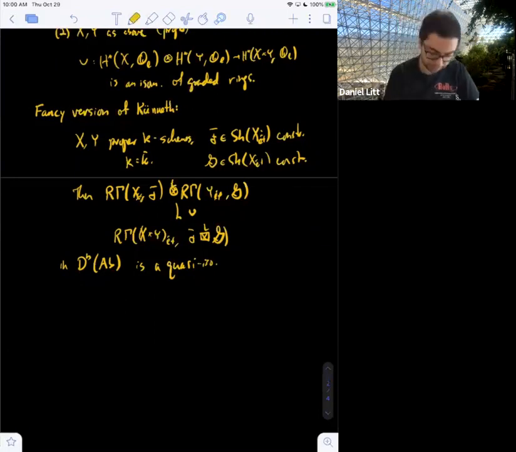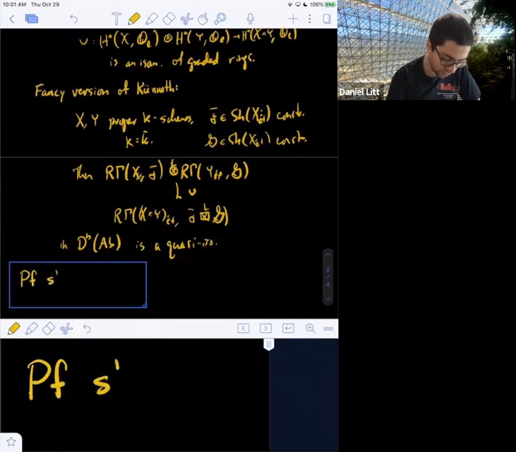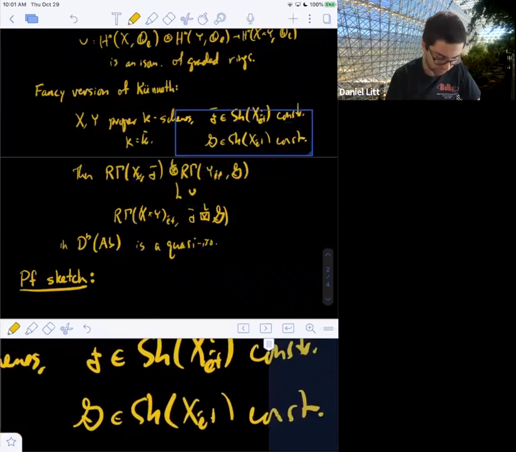Okay, so I'm just going to sketch the proof because it's a little involved. Are there any questions before I begin? E should be in Y étale.